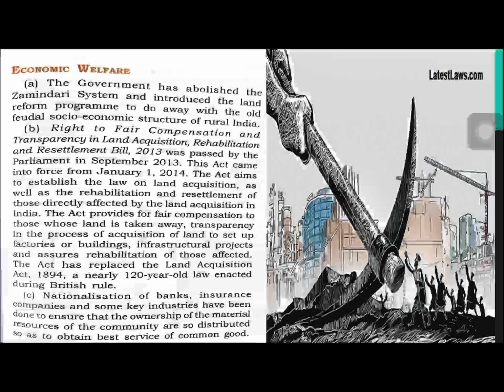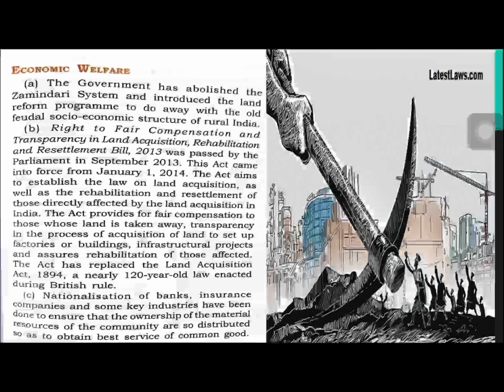They have to return something to them, and either give fair compensation. That means they have to give them equal money to what their land is worth. Whatever the market value of their land is, that much money they should be given, or they should be resettled. That means they should be given a place with equal worth of land, according to their permission.